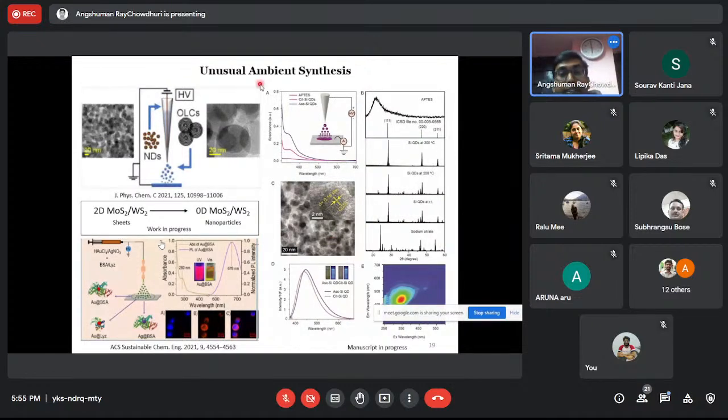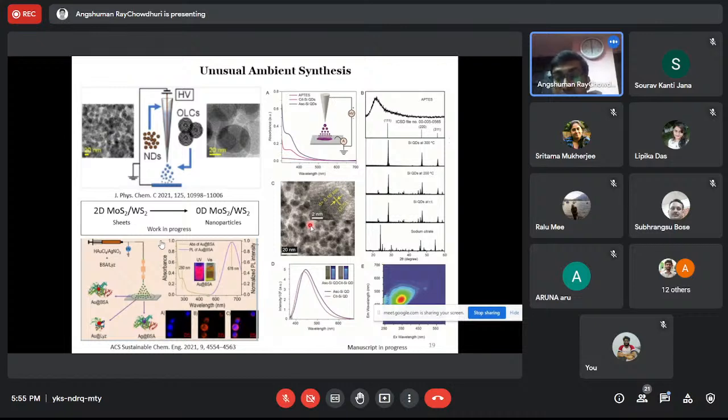Here I wanted to show you the potential of this ambient electrospray in various applications. We have seen that carbon anions are produced from nanodiamonds by electrospray. Here, silicon nanoparticles are produced when a silicon precursor is sprayed.